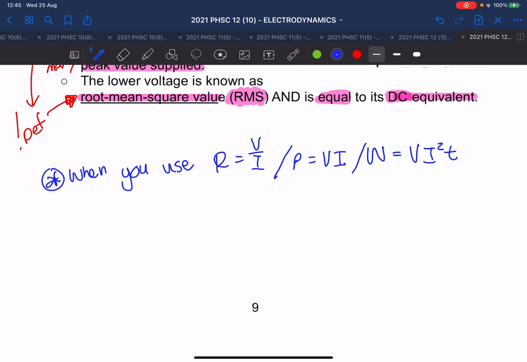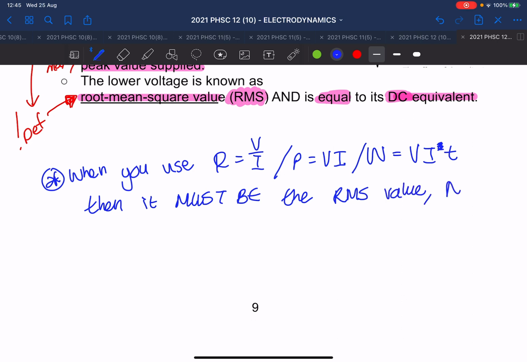Near V, no square. Okay, when you use those formulas, then it must be the RMS value, not the maximum value.